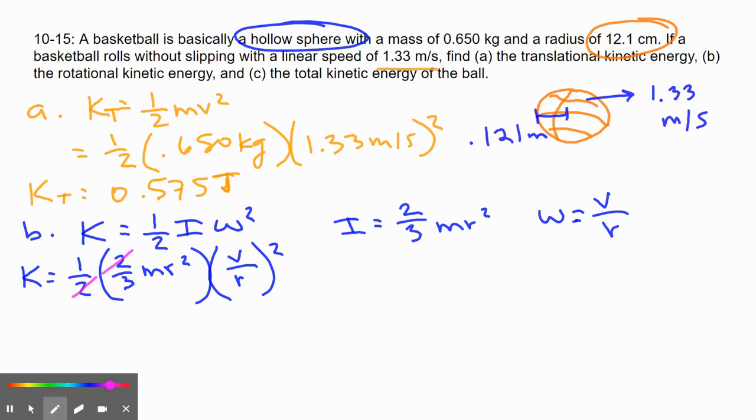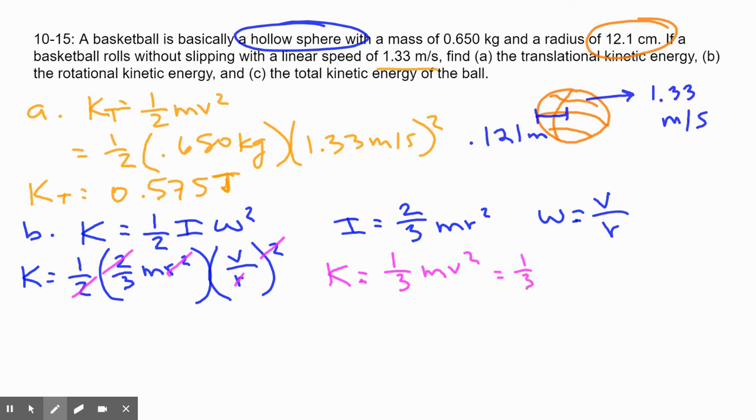Okay, so the 2's cancel. My r squared is going to cancel. And the only things that are left here are going to be K is equal to 1/3 mass velocity squared. Well, we have all of that information. We know the mass. We know what that velocity is. So let's just plug in what we know.